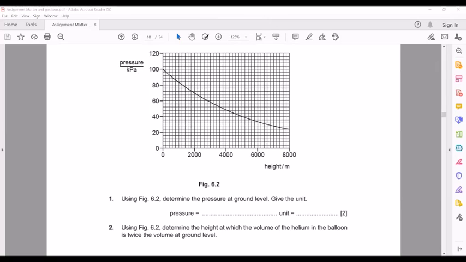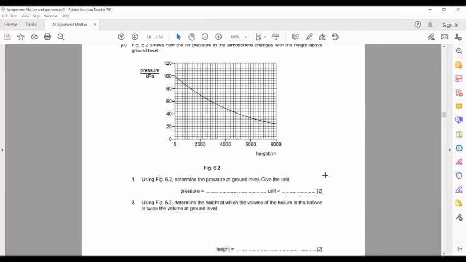In the next part, they're saying use figure 6.2 to determine the height at which the volume of the helium in the balloon is twice that at the ground. So what is the relation between pressure and volume? The pressure and the volume are inversely proportional.